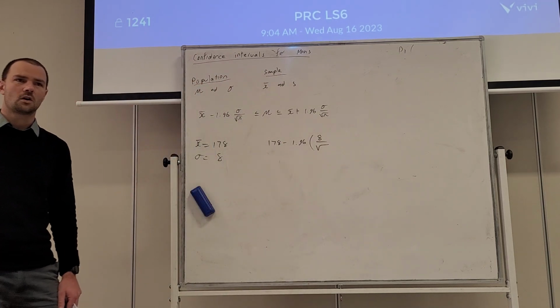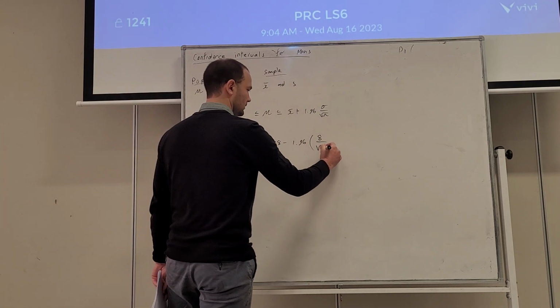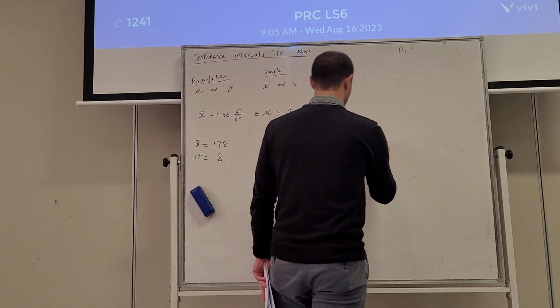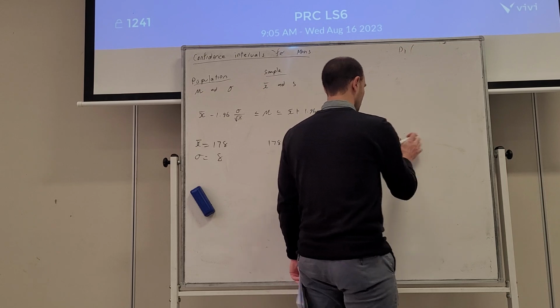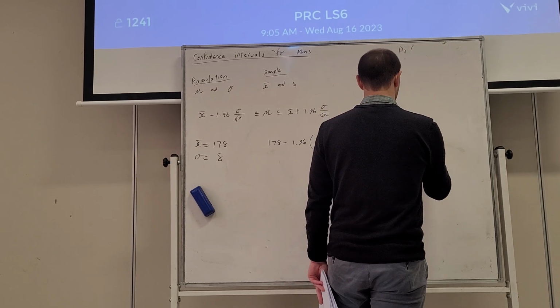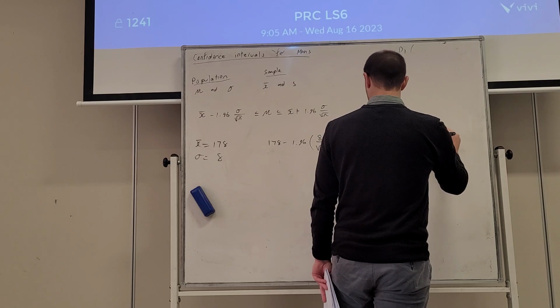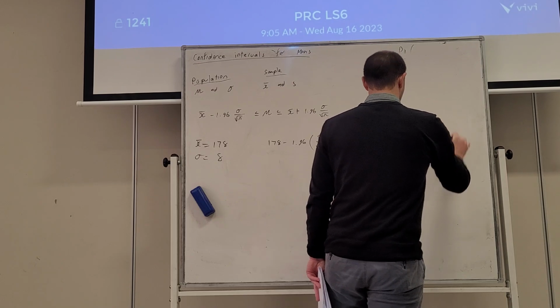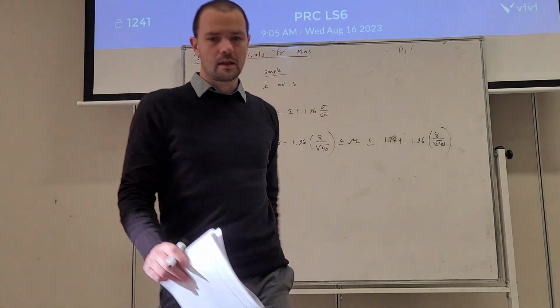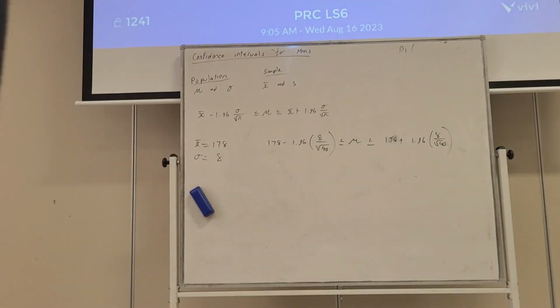Now the sample size was 40. Let's write it up. Okay, so we're just going to evaluate the left-hand side and the right-hand side, and so we have that to 3 significant figures.